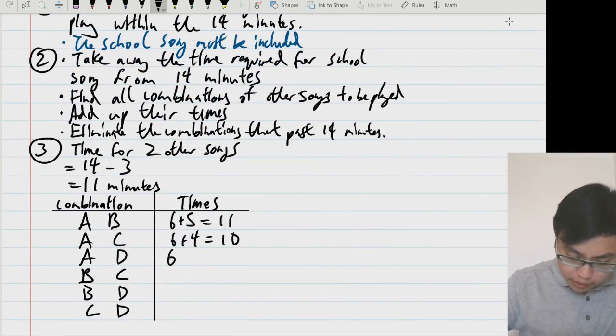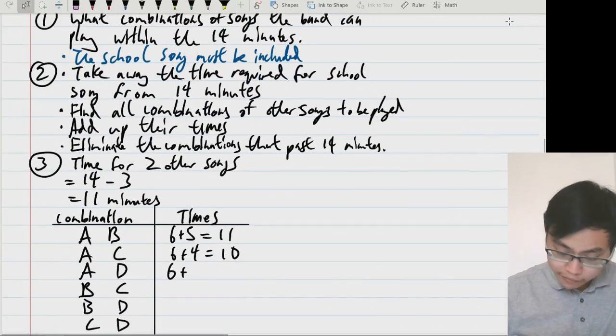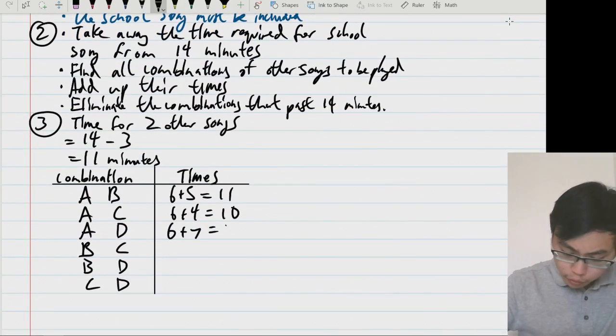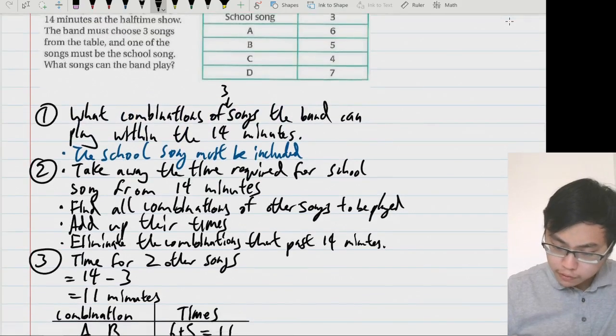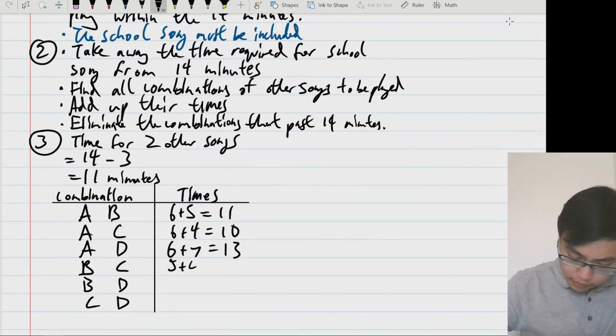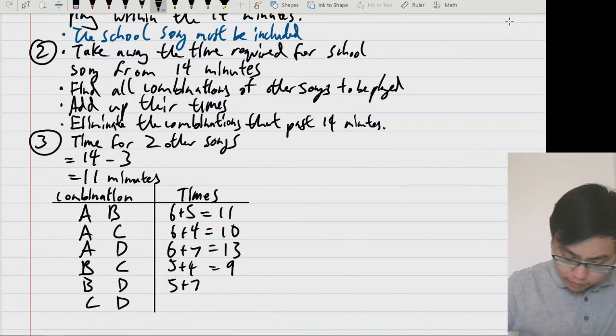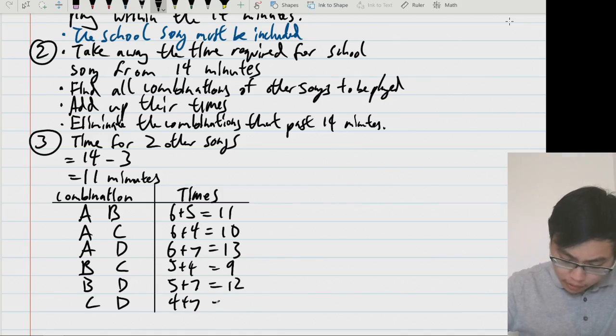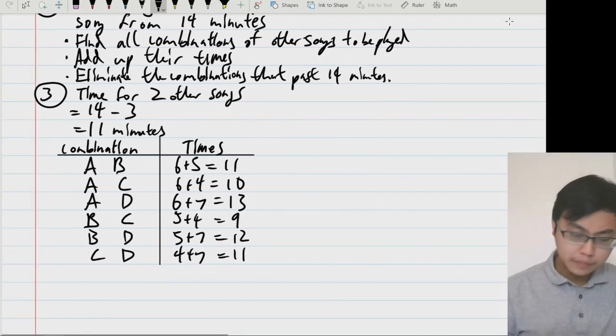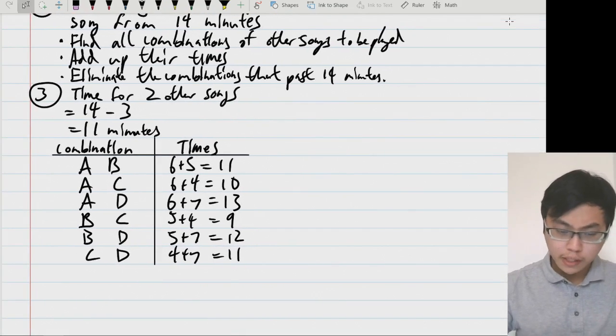Then 6 plus D, which is 7, is 13 minutes. Then B, which is 5, plus 4 is 9 minutes. Then 5 plus 7 is 12 minutes. And then 4 plus 7 is 11 minutes. So that is the second part of our plan.